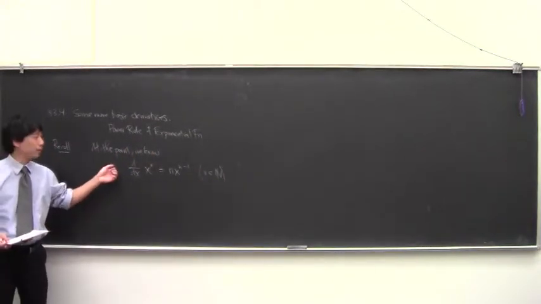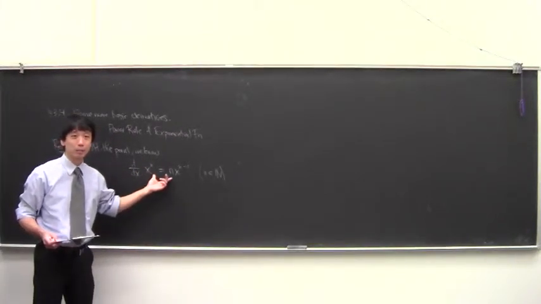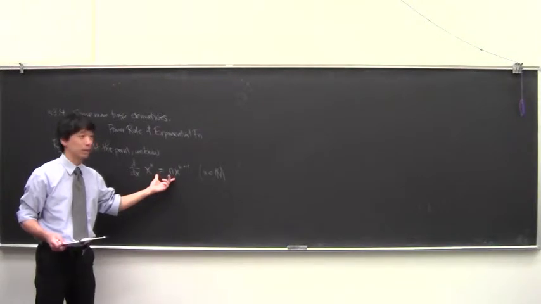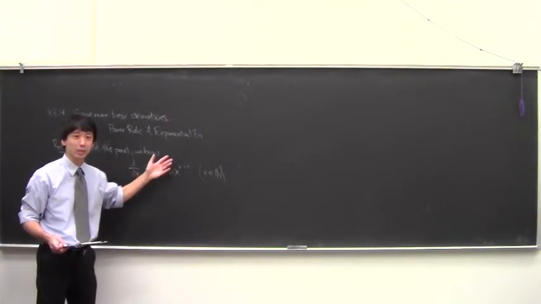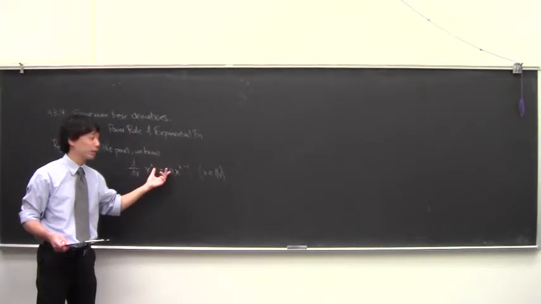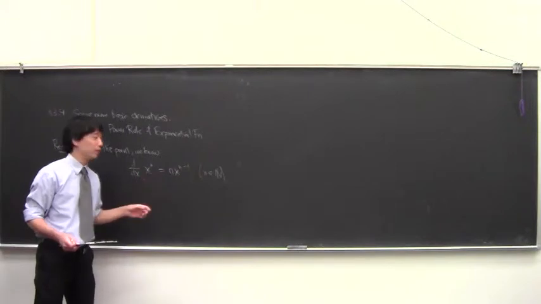And we remember how this comes about. We figured this out, or at least we believe this is true, because of Pascal's triangle, or your understanding of (a plus b) to the n.